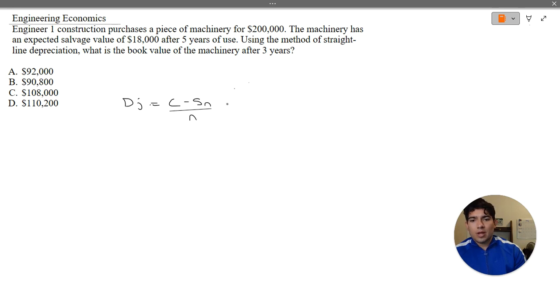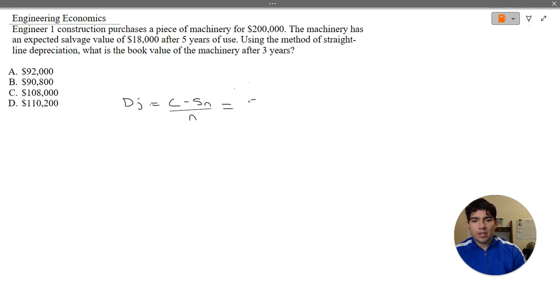It's going to be that, and this is the annual depreciation. C is the initial cost. This is going to be the expected salvage value after n years, and then n is just the amount of years for our scenario.